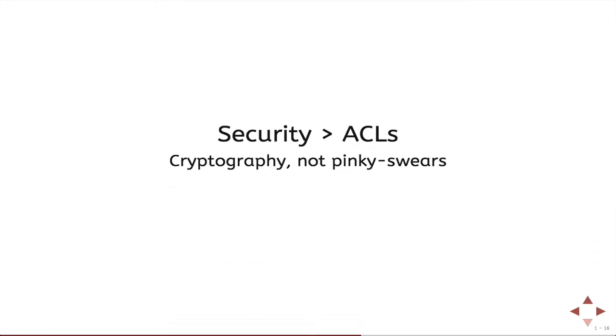Finally, since I started talking about security, I think the security aspects of capability systems are much, much better than those of ACLs, because the backing for saying that you are going to do the specific action and no other actions is based on cryptography, not pinky swears. You're not pinky swearing that this piece of software is not only going to check the ACLs, it's going to apply the ACLs correctly, and there are no options for it to be confused, right?